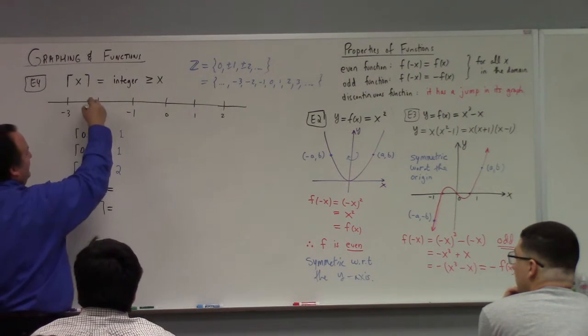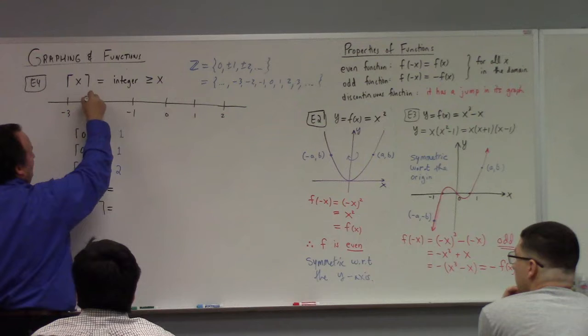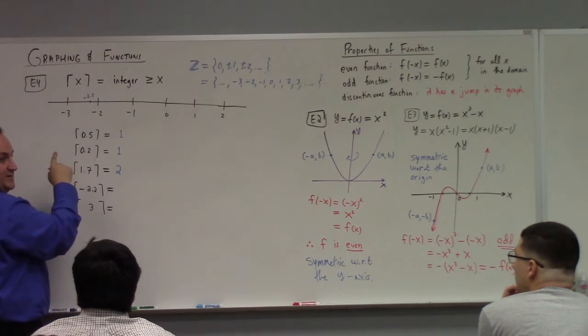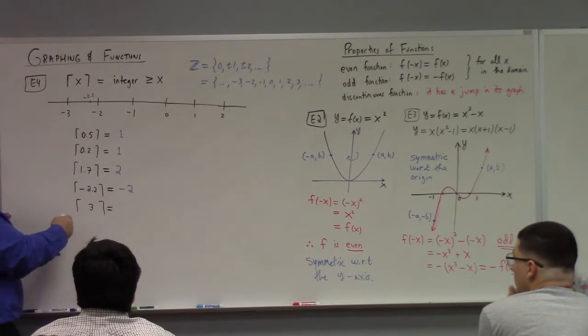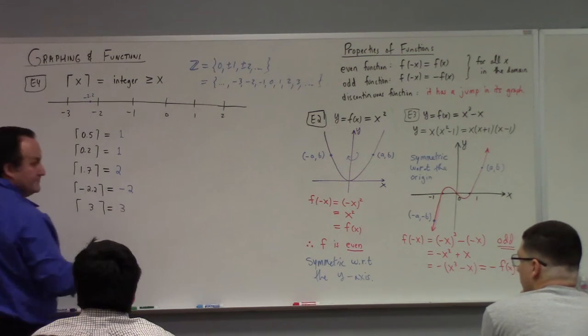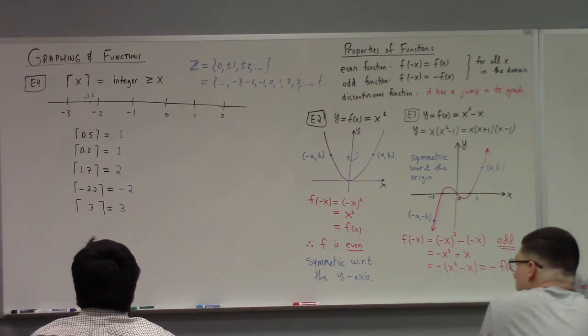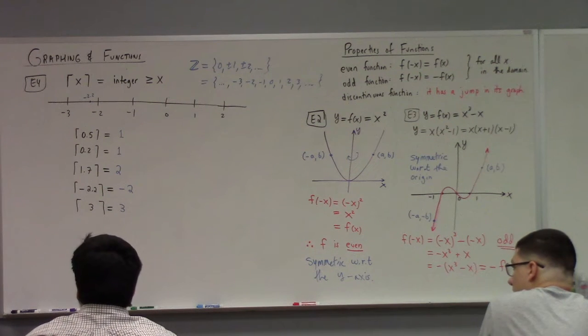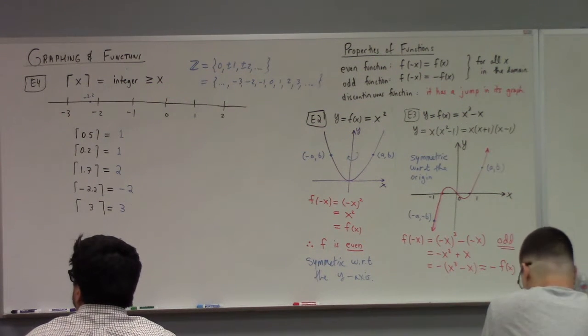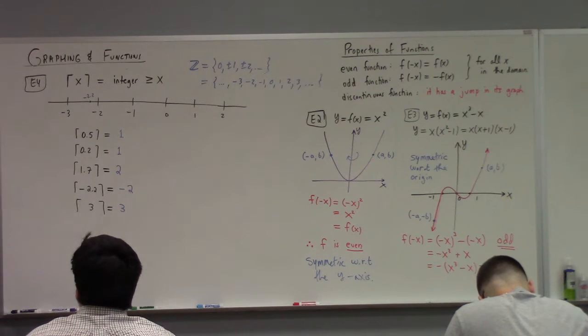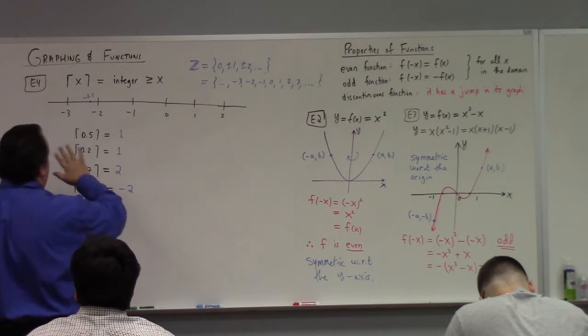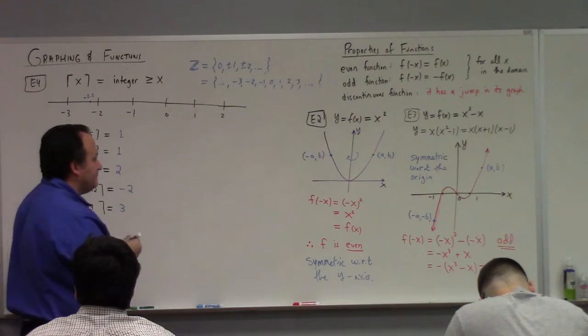Negative 2.2 is like here, right? So what's the next integer larger than that? It's negative 2, right? And 3 is 3, right? So basically, this is the always round up function, unless you're exactly equal to the integer, in which case you keep it, all right?